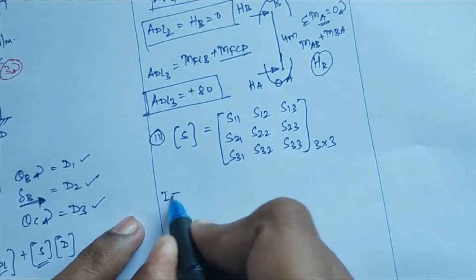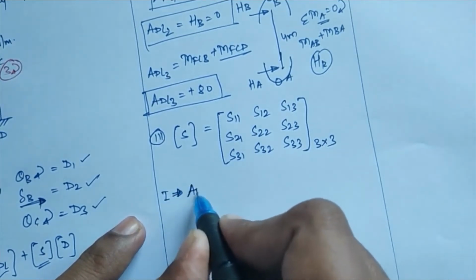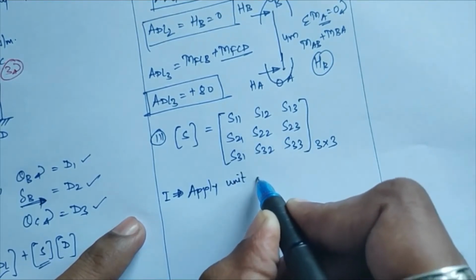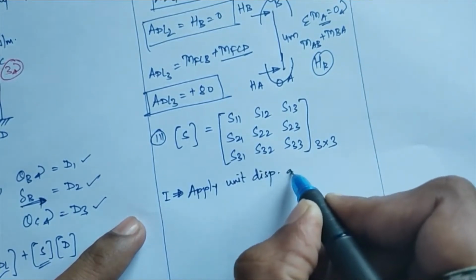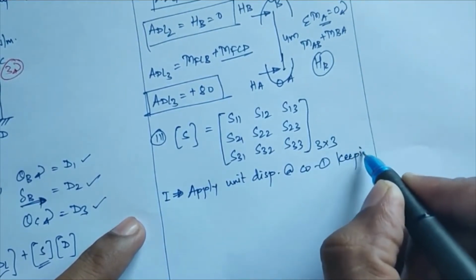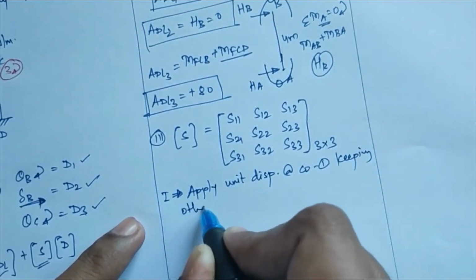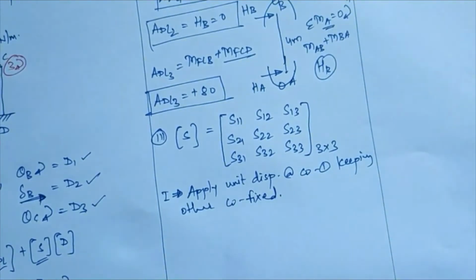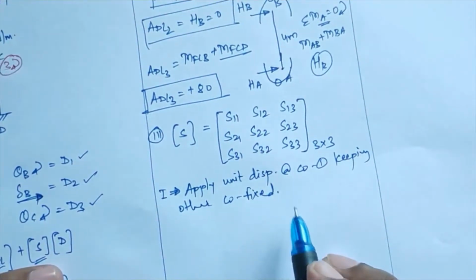So in first Roman, what we'll do? We apply unit displacement at coordinate 1, keeping other coordinates fixed. So here you have to keep other coordinates fixed.